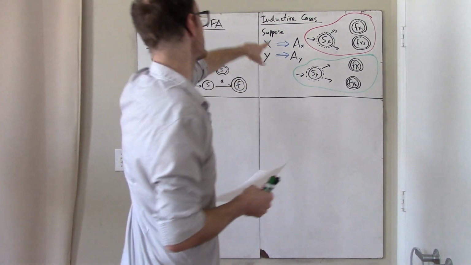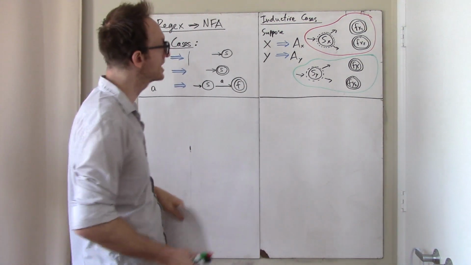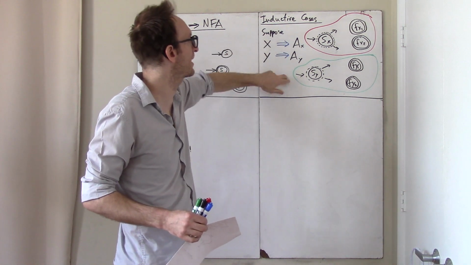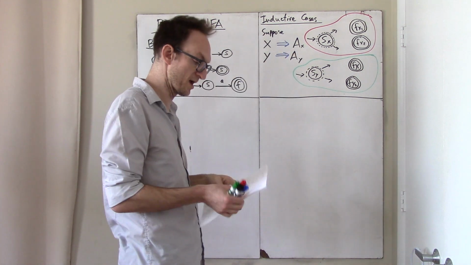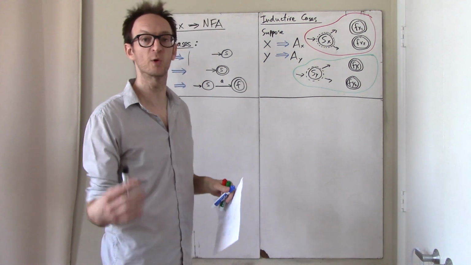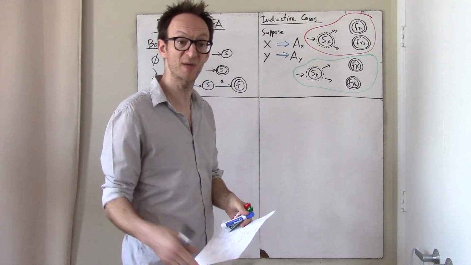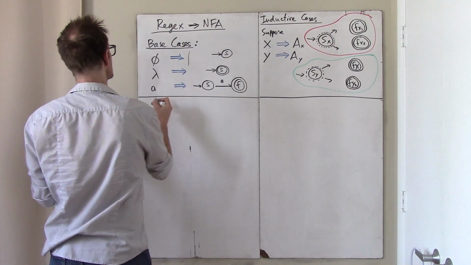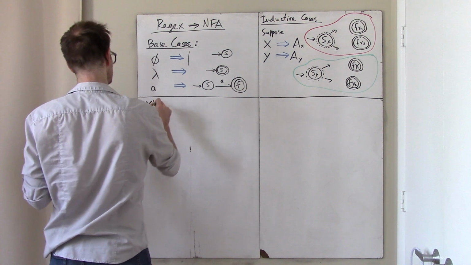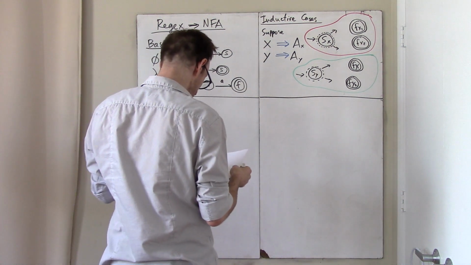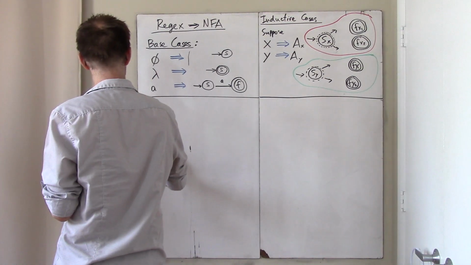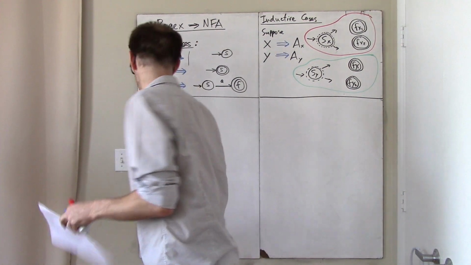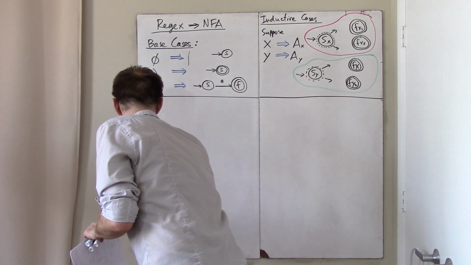Good. Well, this is all the suppose, which is to say, in words, suppose that we have regular expressions x and y, which have been represented by machines A sub x and A sub y. What must we do in the recursive step now of the presentation of this algorithm? I have to tell you how to create machine xy, how to create machine x or y, and how to create machine x star.